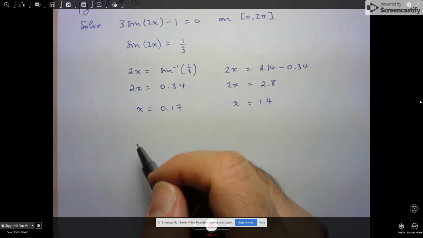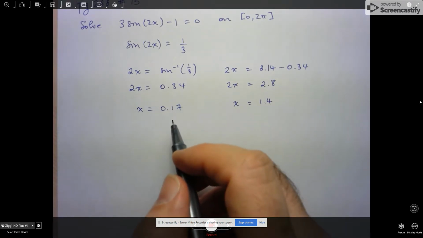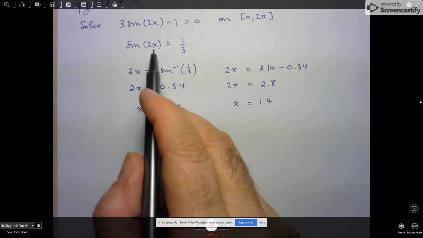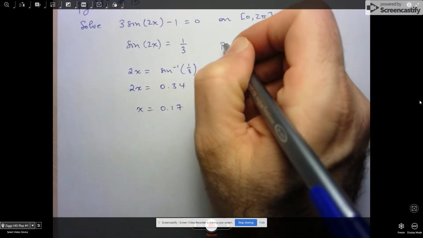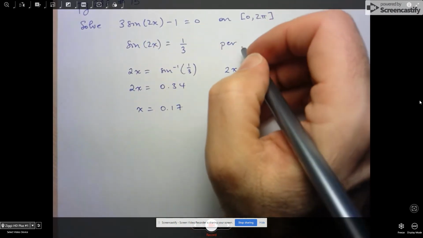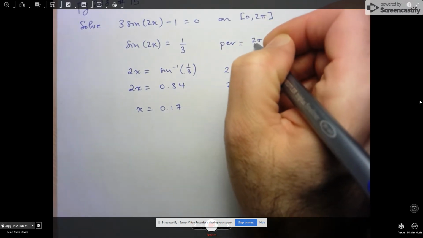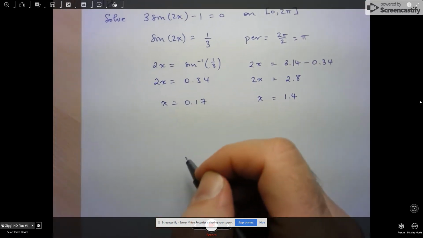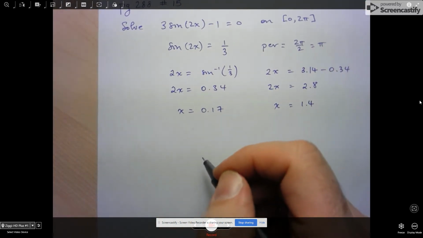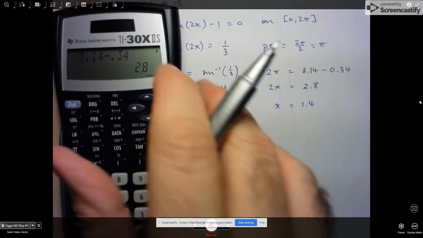Now that we have our first two solutions, we can generate all the other solutions by adding the period of the trig ratio, which in this case is not going to be 2 pi, because we've got a number multiplying the x, so the period is actually 2 pi over 2, so pi. We're going to be adding 3.14 to these numbers until we get to our maximum.